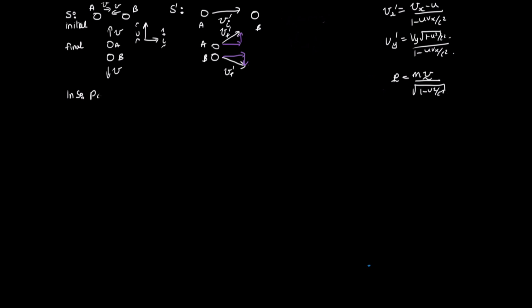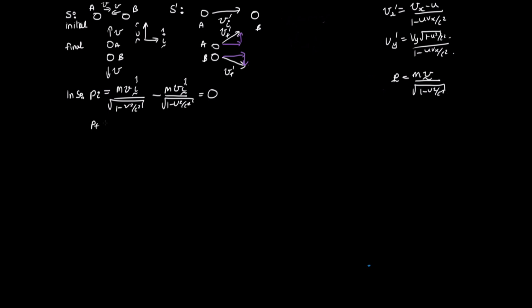So in this case, the initial momentum, once again, we've still got them traveling in opposite directions. So just using this, we will have mvi over the square root of 1 minus v squared on c squared minus mvi, because this one's going in the opposite direction, over the square root of 1 minus v squared on c squared. So still, these are equal and opposite, so they add to 0.